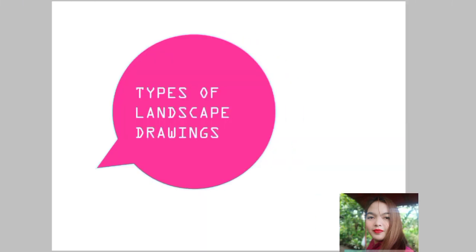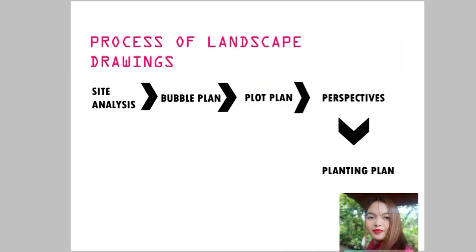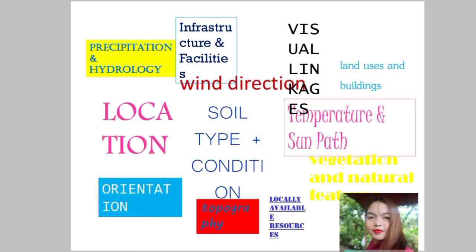So for the types of landscape drawings, we have the process of landscape drawings. We have site analysis, the bubble plan, the plot plan, the perspective, and the planting plan. We have some locations where we need to anticipate the precipitation and hydrology, which is the rain, how much rain there is in that area. If the place is like the Middle East, we need drainage, right?